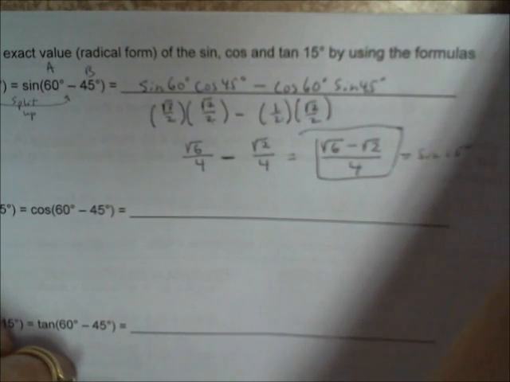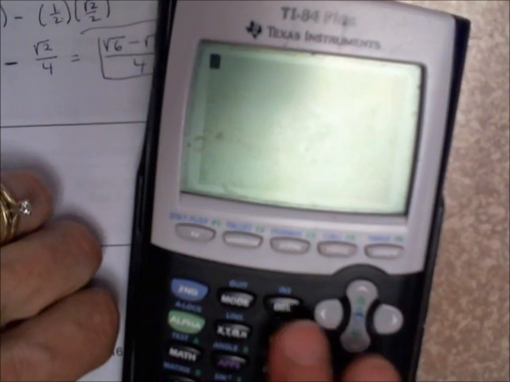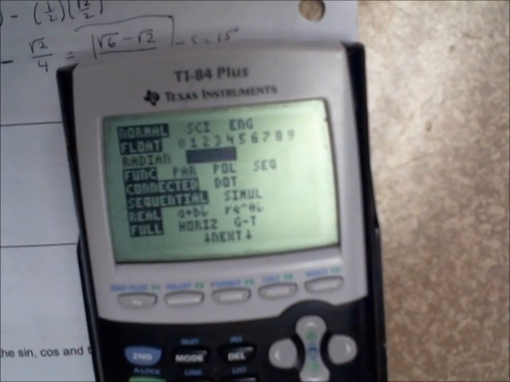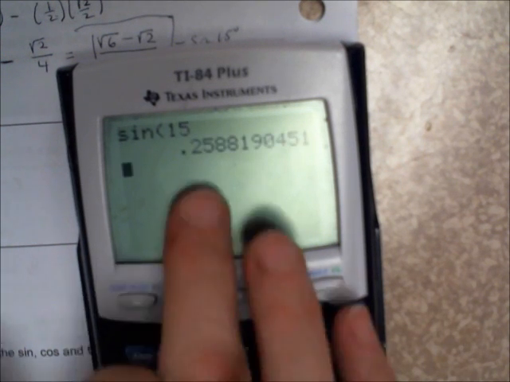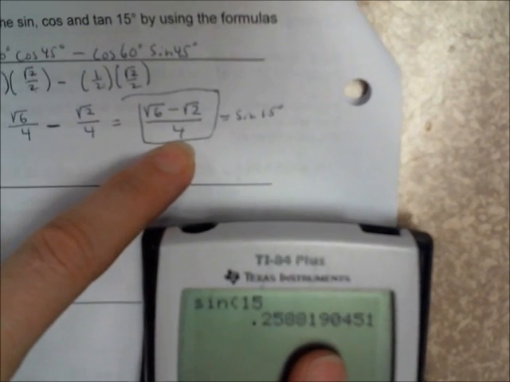And we can always check this on our calculator, but our calculator will give us a decimal value. Make sure your calculator is in degrees mode. If you want to know the sine of 15 degrees, it'll be that long decimal because our calculator would never give us this radical answer.